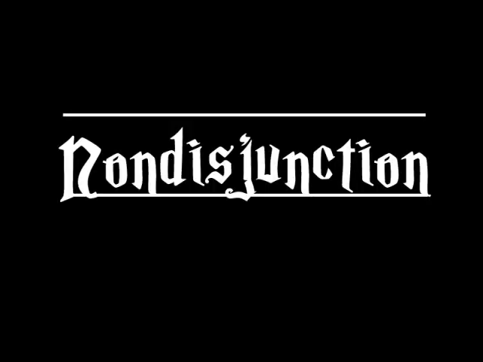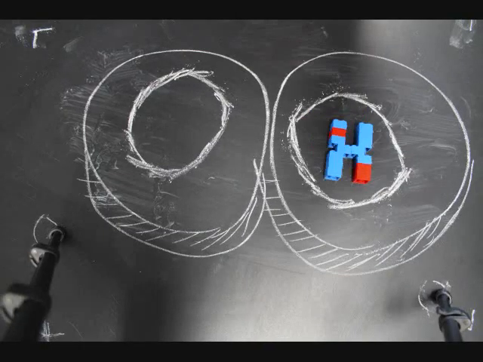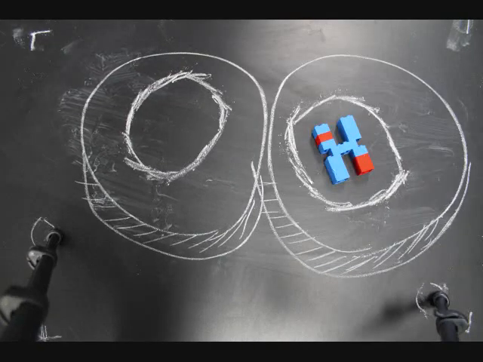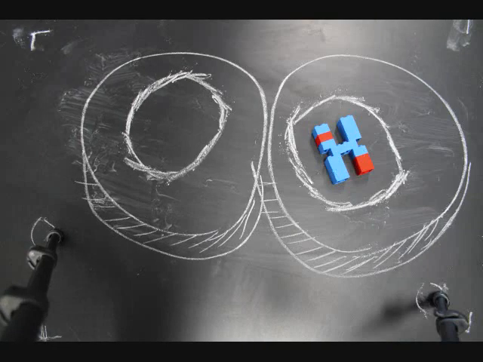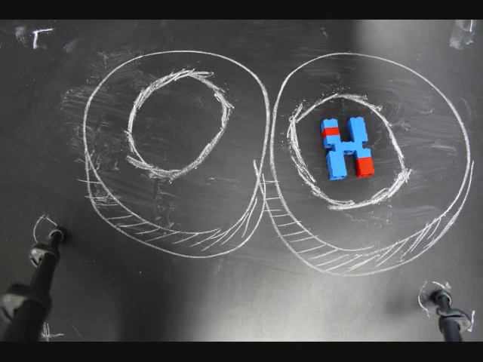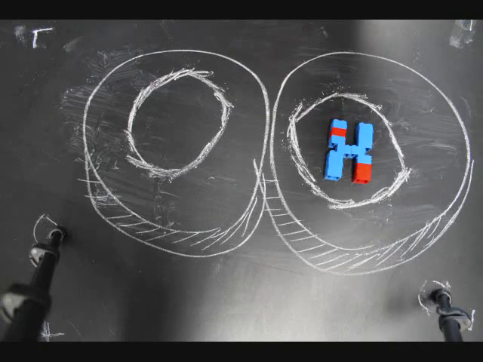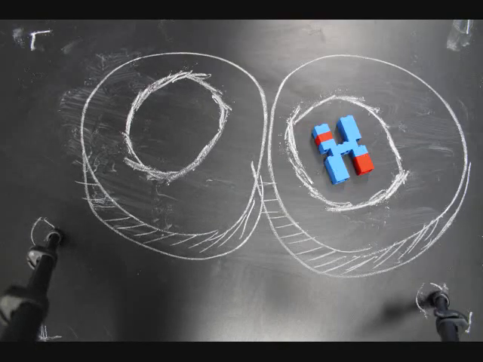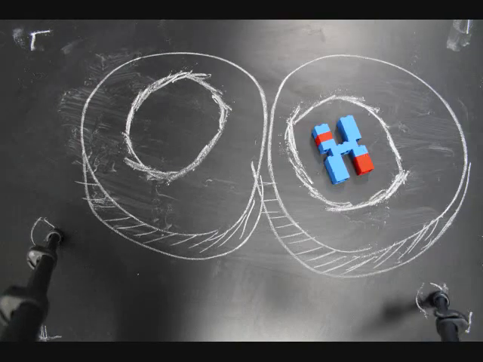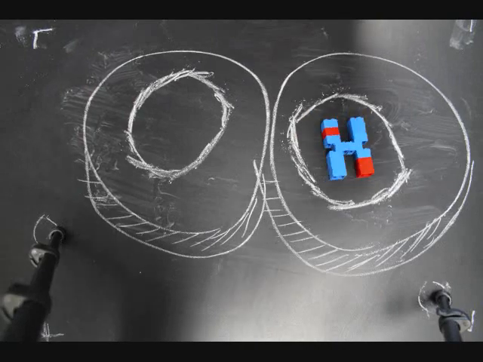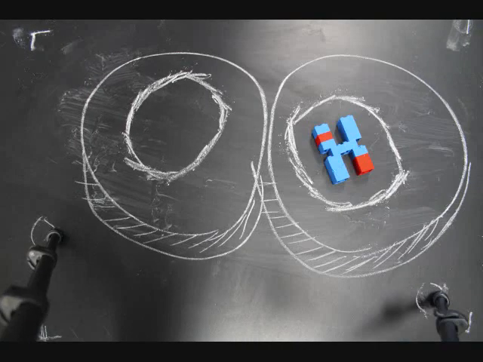Non-disjunction. Non-disjunction occurs as an error of meiosis 1 or 2. Non-disjunction leaves one daughter cell empty without chromatid, while the other receives an extra copy of this chromatid.